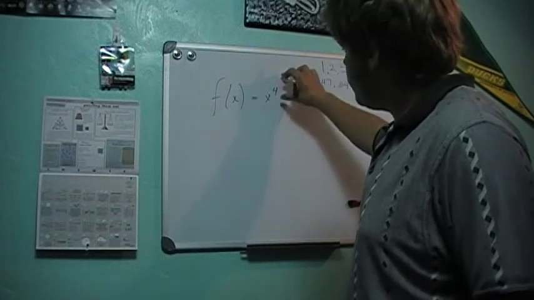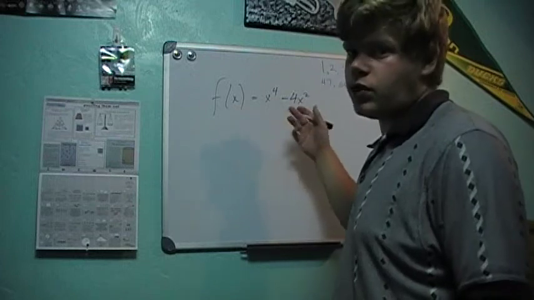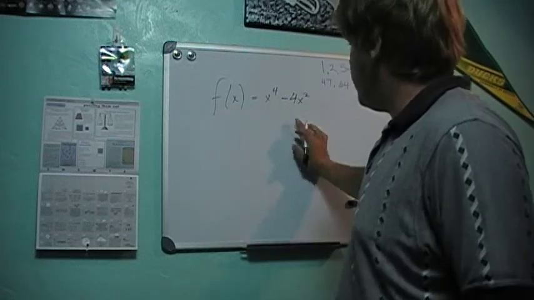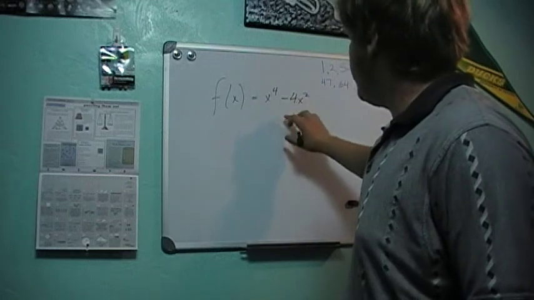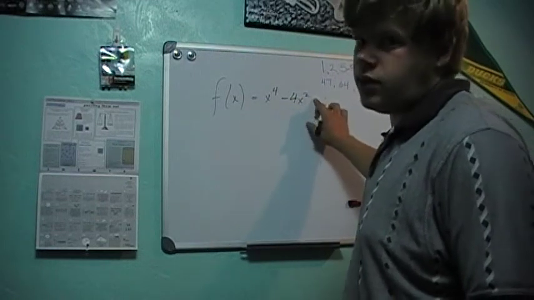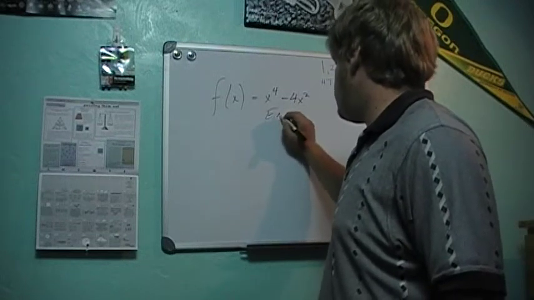If all the exponents are even, then the function is even, and that's what it is in this case. So x to the 4th, that has 4 as an exponent, so it's even. And then 4x squared, that has 2 as an exponent, so that's also even. So this function is even.